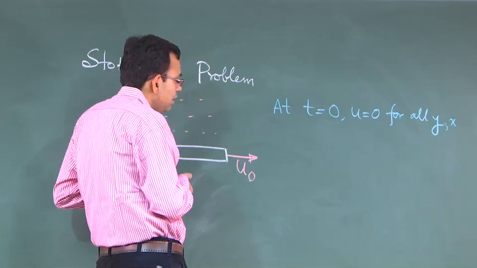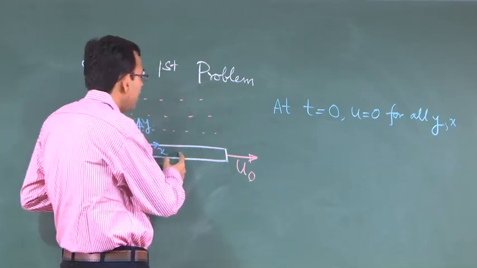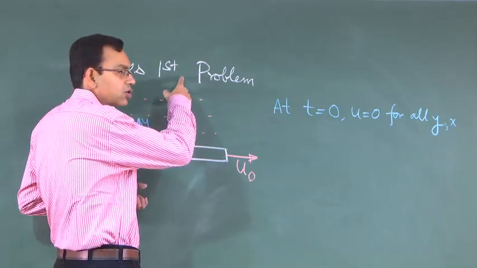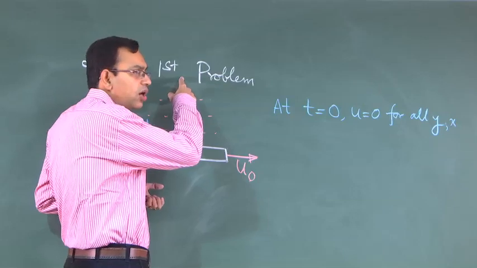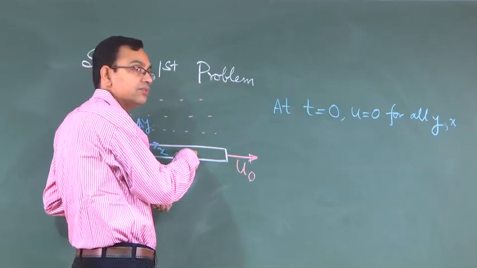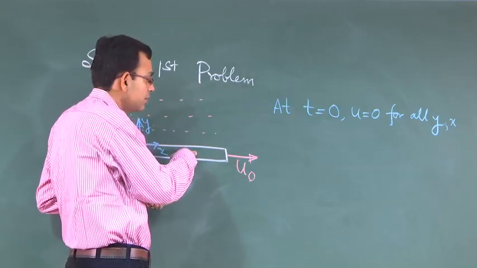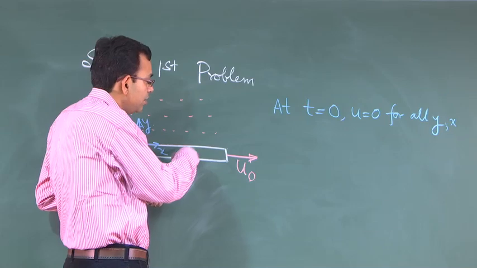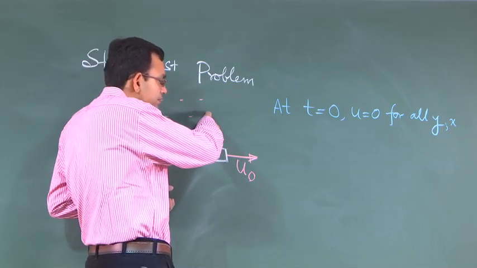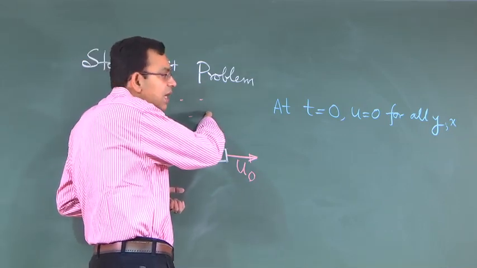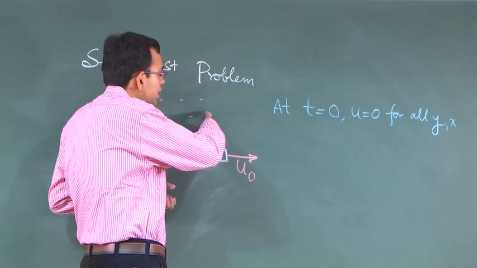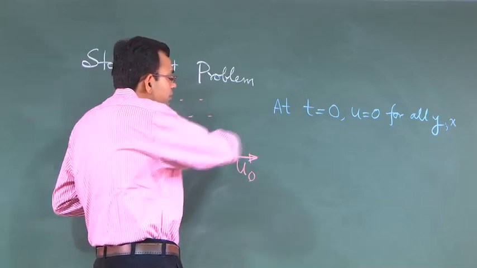However, the fluid far stream from the solid boundary will not feel the effect of this pulling, but there will be a critical distance, which is called the Stokes layer, within which the fluid will feel the effect of pulling of this plate.